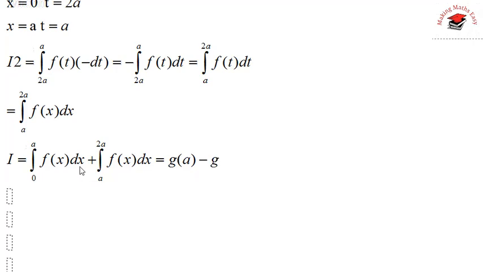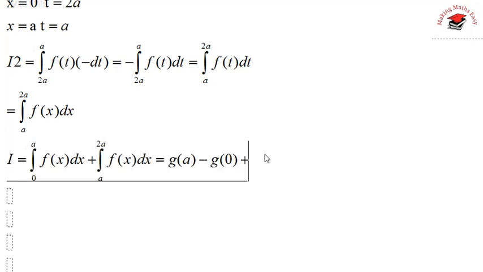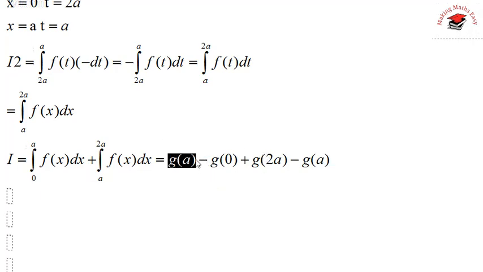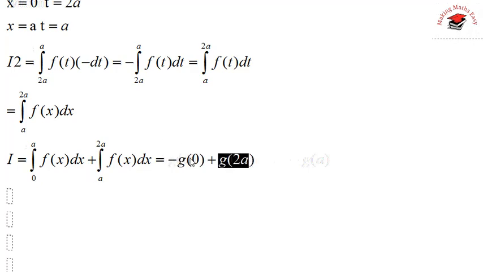And again plus the integral of this function as g of 2a minus g of a. As g of a is appearing two times, one positive and another negative, we can cancel g of a. So only what is left is g of 2a minus g of 0.